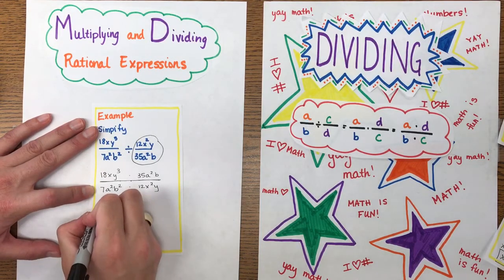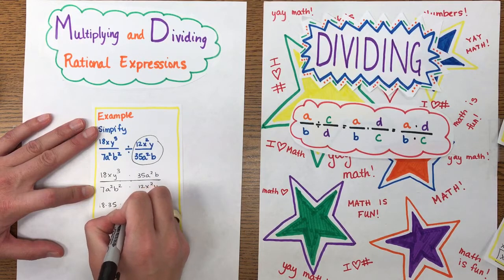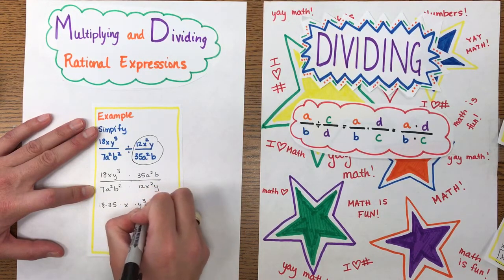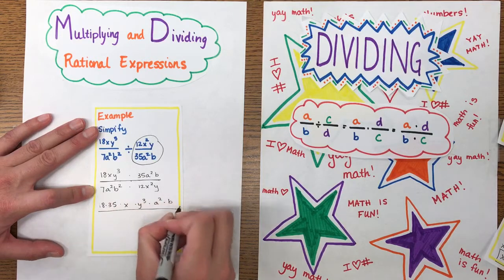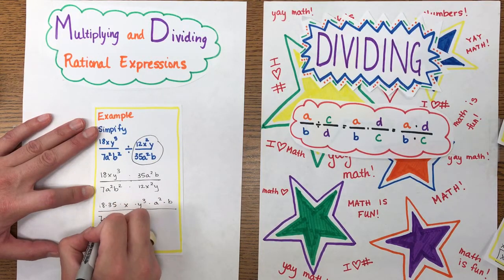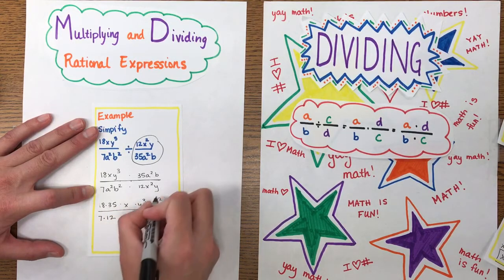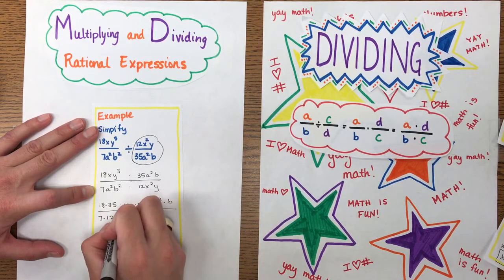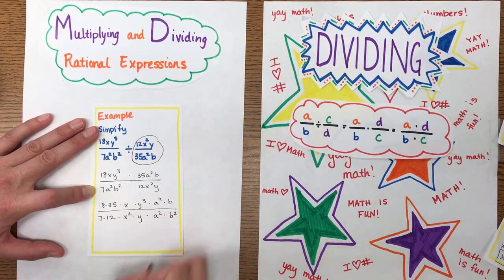This just gets extended into one big multiplication with multiplication in the top and the bottom. I'm going to group like things, so I have 18 times 35 times x times y cubed times a squared times b, divided by 7 times 12, times x squared, y, a squared, and b squared.